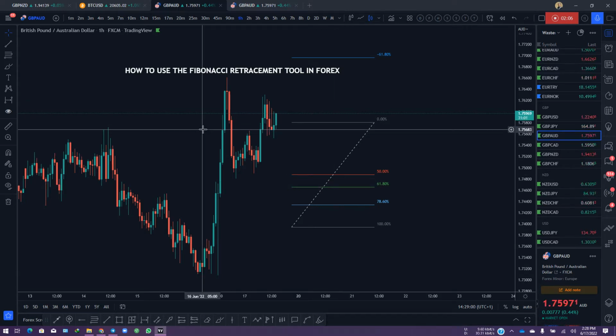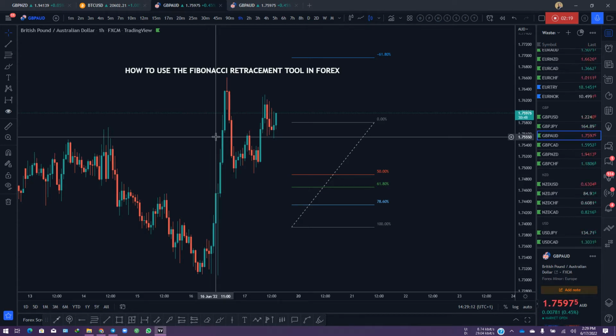I'm going to be using this pound Aussie as a case study because I took a sniper entry on the pound Aussie dollar yesterday, during the New York, or was it the London session. I took a sniper entry on pound Aussie dollar, plus 100 pips. I'm going to explain what I saw and why I took the trade.